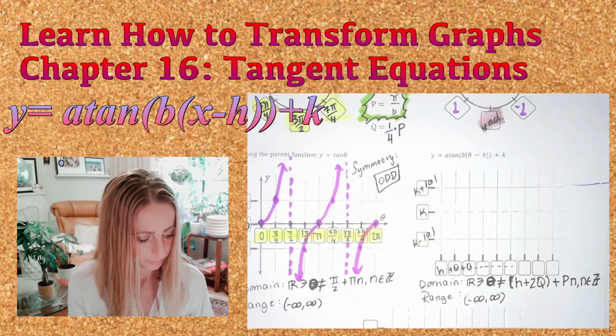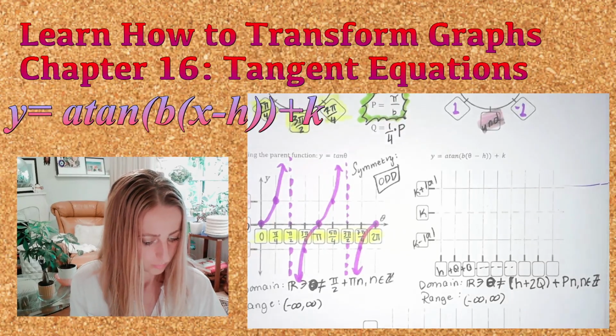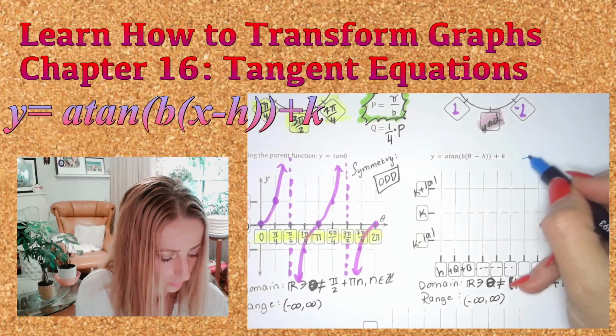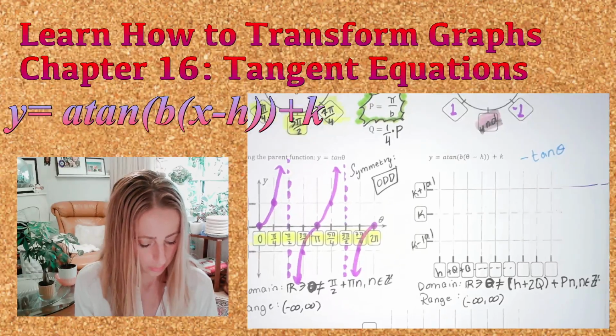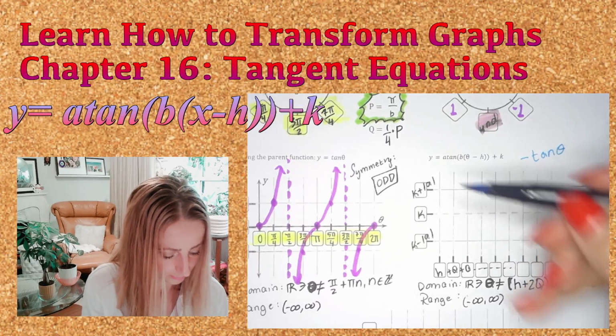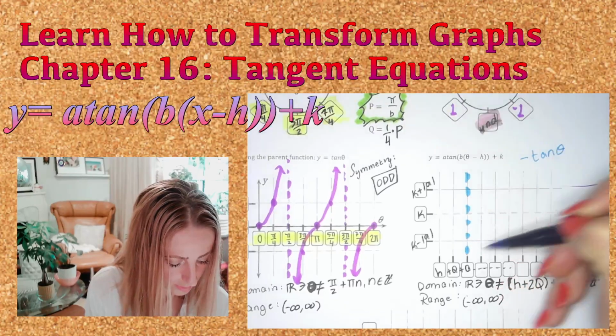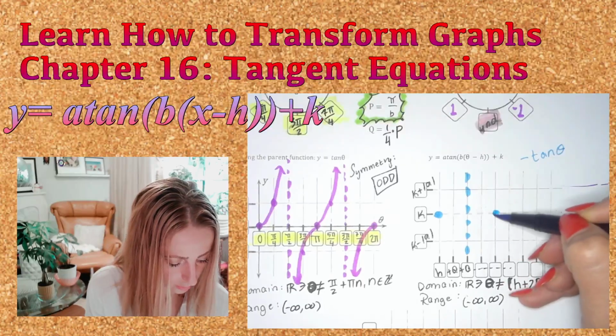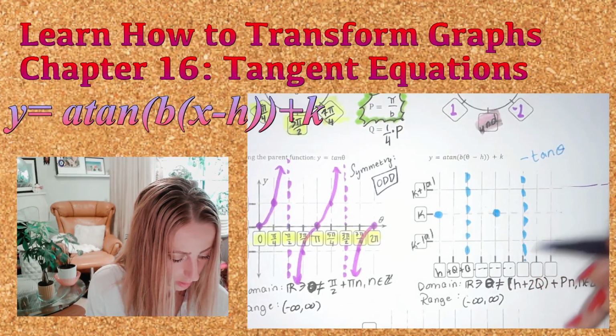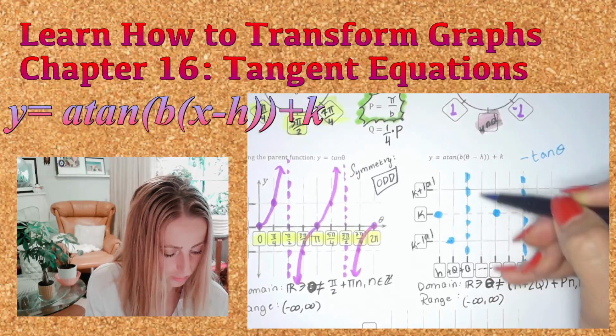Then negative tan, what will that one look like? Same asymptote. So it goes 0, every other asymptote 0. Asymptote 0, and then this is flipped over.